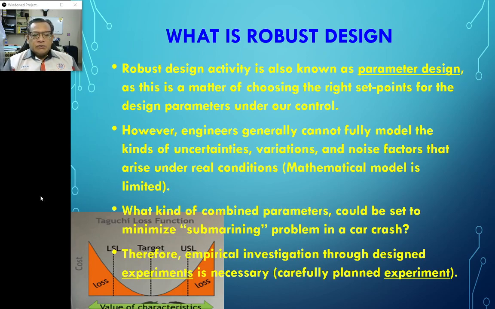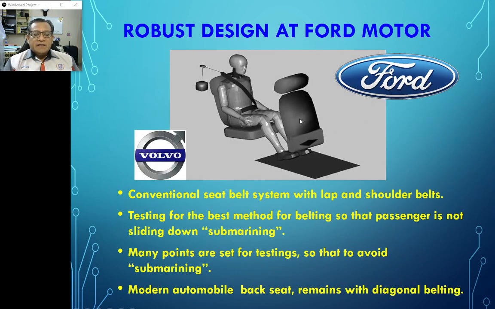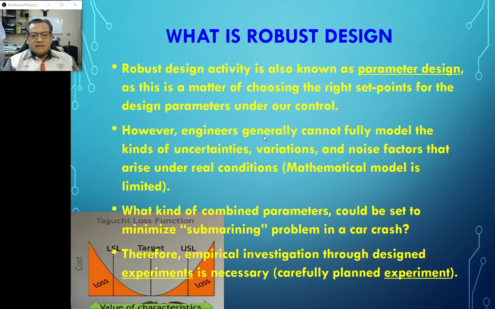So in order to determine or minimize the submarining problem, okay, submarining is how far the back passenger moves forward upon a crash, or how far downward the passenger slides, which is called submarining. So Ford wants to test this kind of problem in a car crash, right?